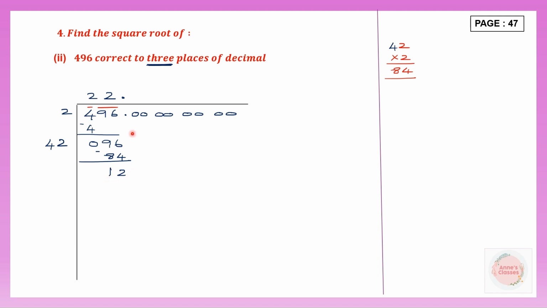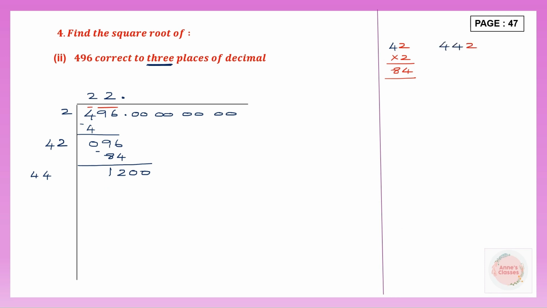So now we have 12. We're going to bring down the first pair of zeros. So our number now is 1200. Next step, double this. 22 into 2 is 44. So next to 44, we need to write a digit to get a number close to this. So let's write 44 here, and next to it, let's put 2.